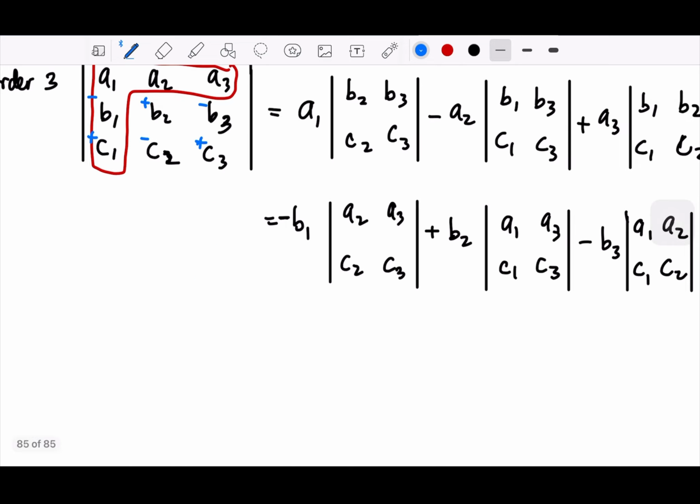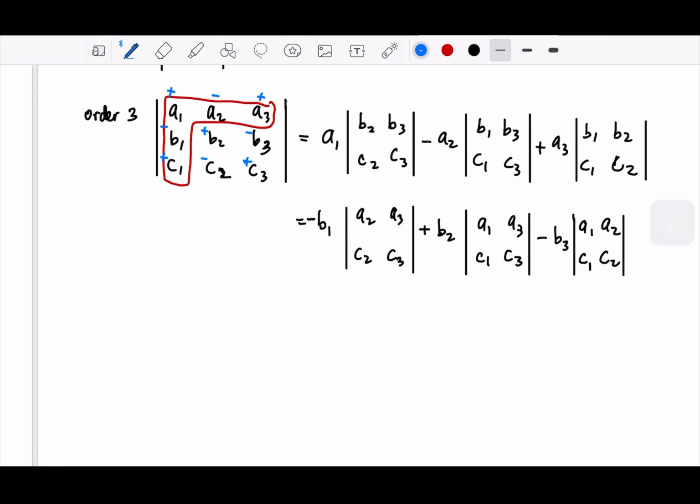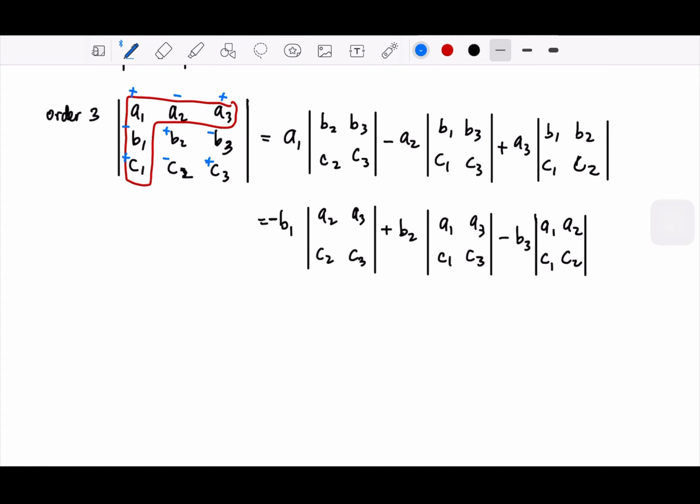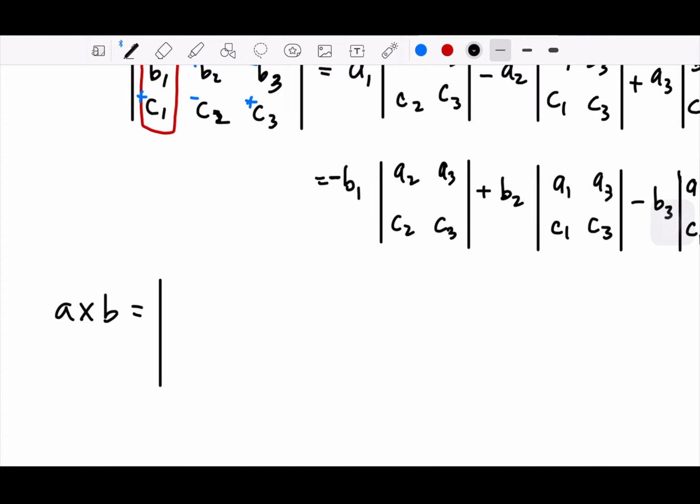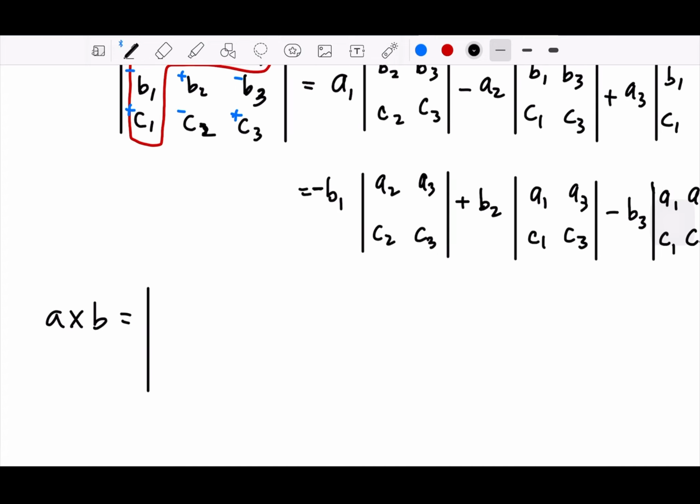Okay, now for our case, we usually write A cross B. So we are just using two vectors, right? And we are just taking the order three determinant, and the first row will be I, J, and K, the standard basis vectors. And then A1, A2, A3, B1, B2, B3.